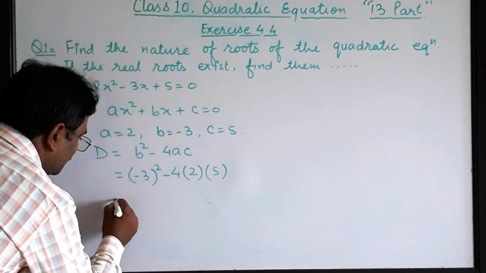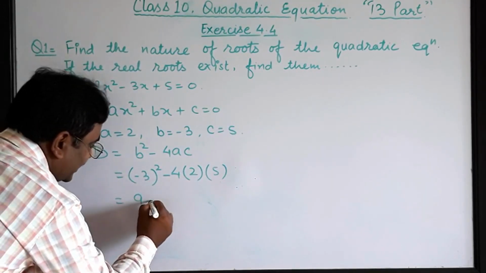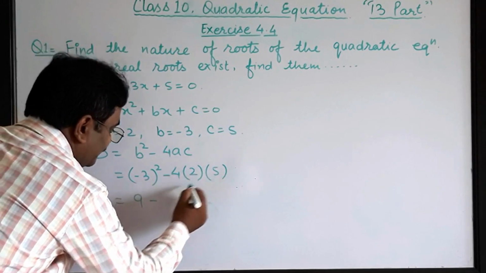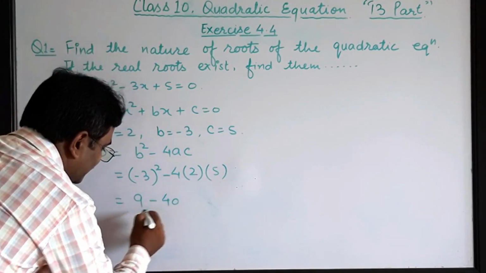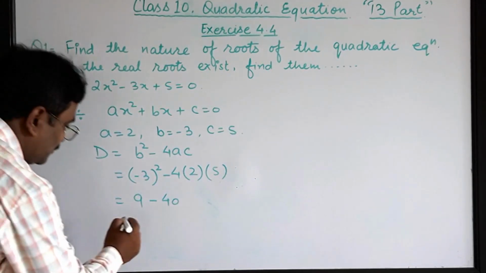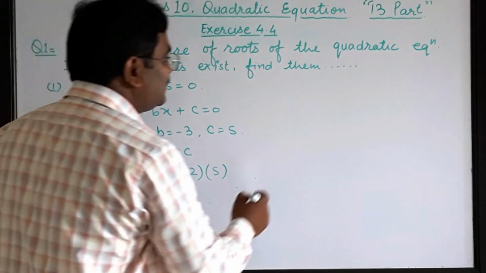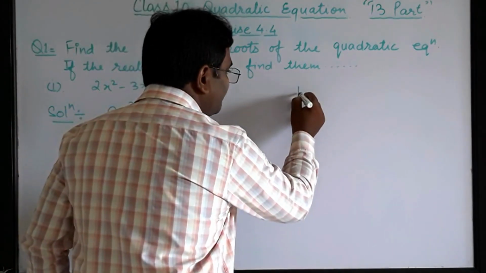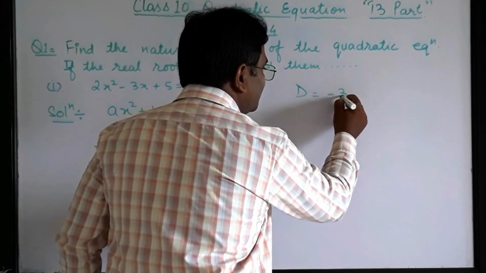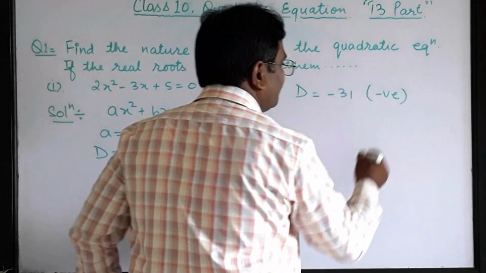Let us simplify. Square of minus 3 is plus 9, minus 4 into 2 is 8, 8 into 5 is 40. So you get 9 minus 40, which gives you minus 31. The value of D is minus 31, which is a negative value.